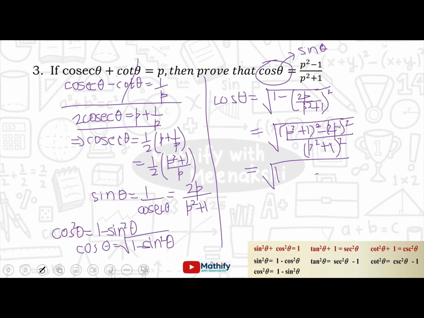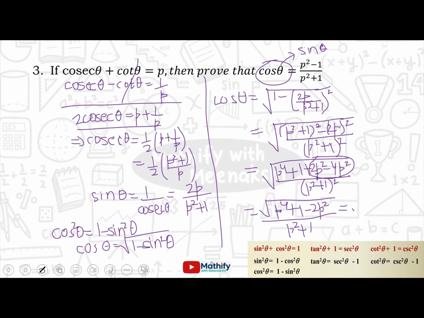It will give you p to the power 4, just use the identity a plus b whole square: p to the power 4 plus 1 plus 2p square, and here it's 4p square, over p square plus 1 whole square. Now, if you solve these two, you will get p to the power 4 plus 1 minus 2p square, and in the denominator, because square and square root will get cancelled, you can write without the square root p square plus 1.